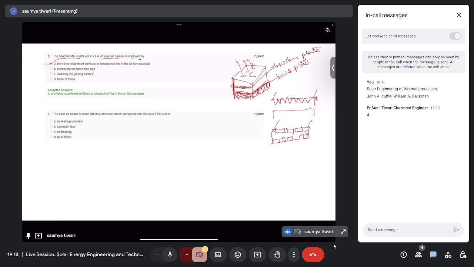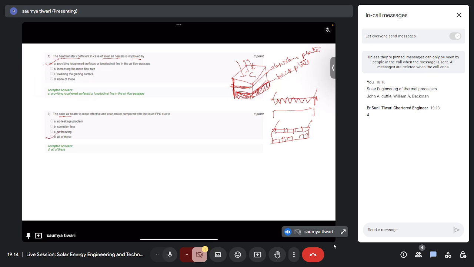Okay, we got one answer, which is option D. That is the correct option, because in a solar air heater we are using air, so we don't have a freezing problem, we don't have a corrosion problem as compared to the liquid that we use in a liquid flat plate collector, and there is also no leakage problem. So the correct option will be option D.